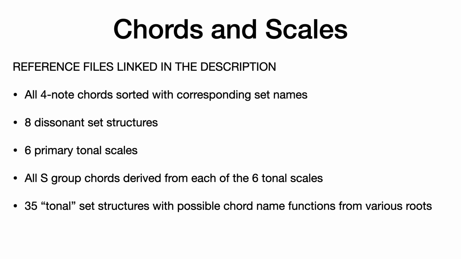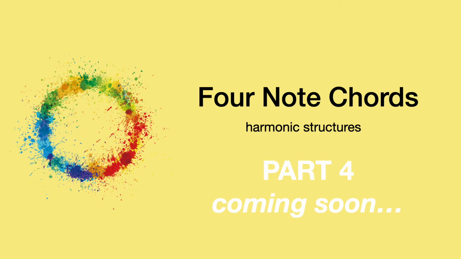You can start to look at those and play around with those if that's the color that you want to go for. The 6 primary tonal scales and their structures, all the S group chords derived from each of the 6 tonal scales, and also a file of the 35 tonal set structures with possible chord name functions from various roots.